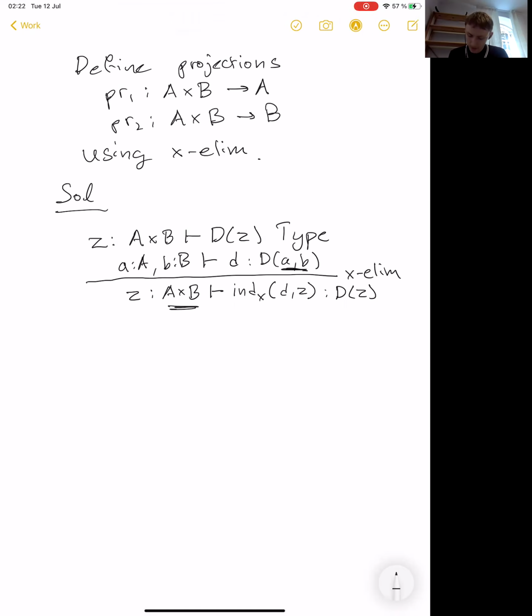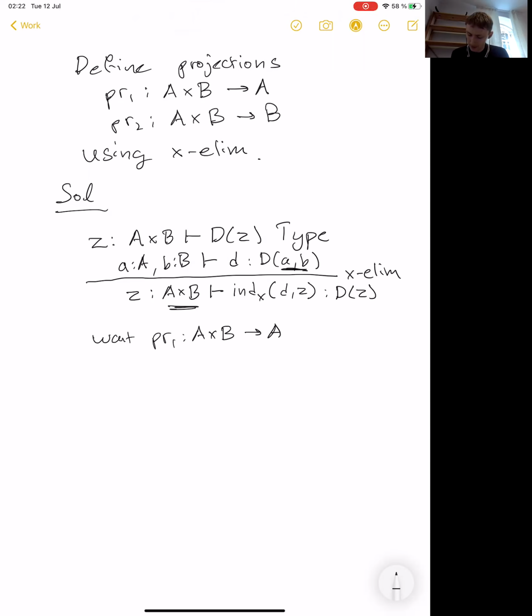Right. So what is it we want actually? We're trying to define something of the form. Let's do PR1. So we want a term PR1 from A cross B to A. So how do we define a function?